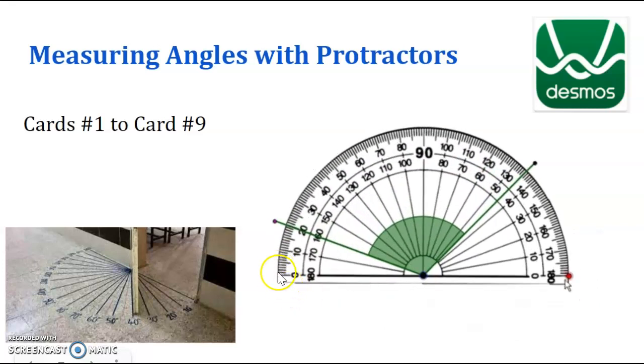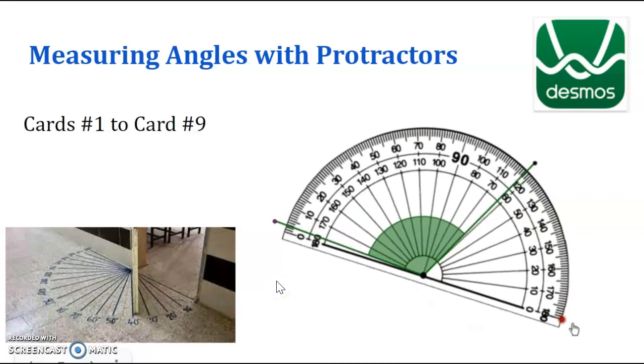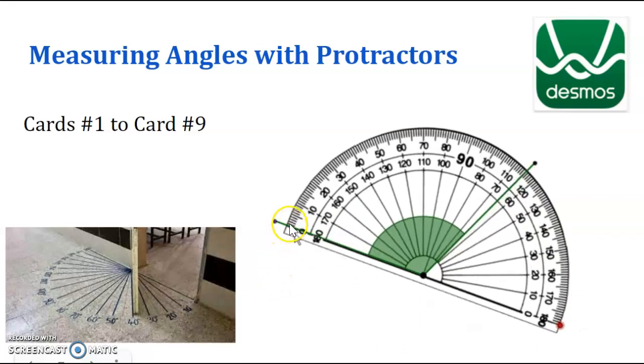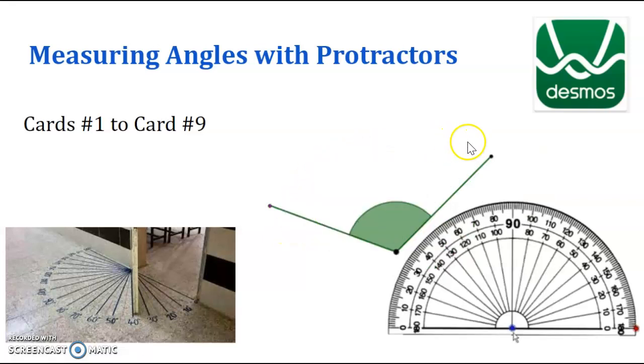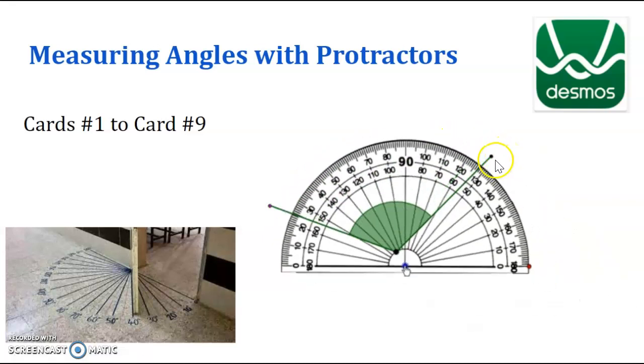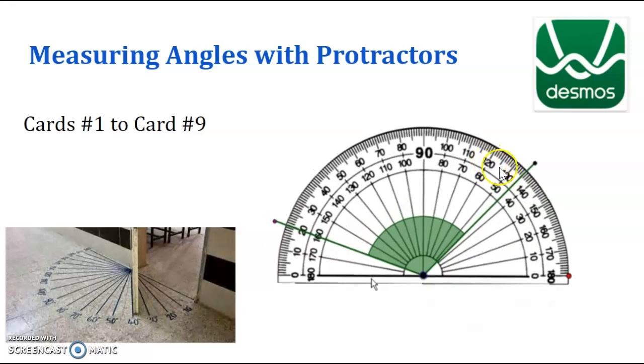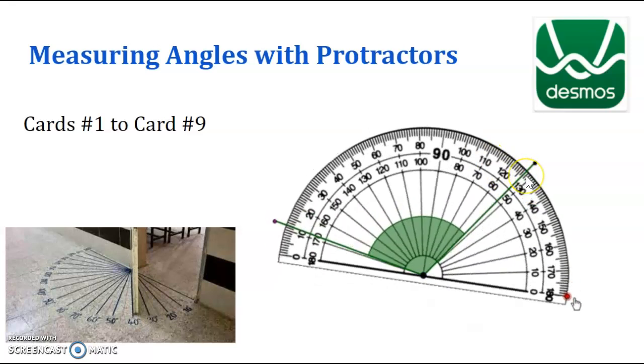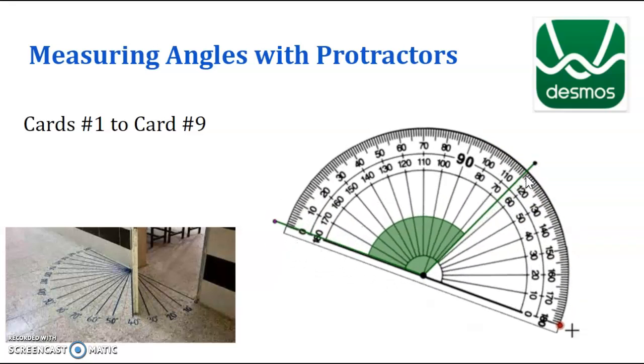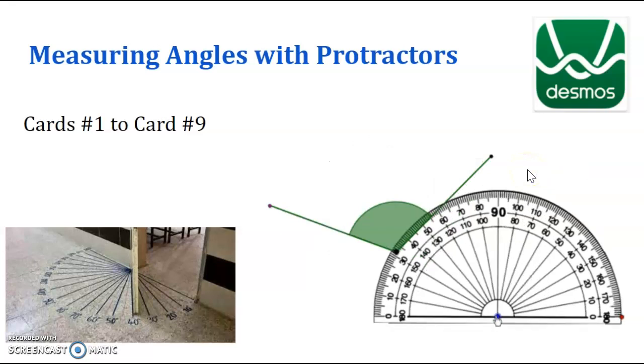You start with 0 centimeters, 1 centimeter, 2 centimeters, and so on. So if you're measuring, you want to start with 0 going up, and in this case it goes all the way to 115 right here. So we do use the outside number, and that's 115 degrees right there.